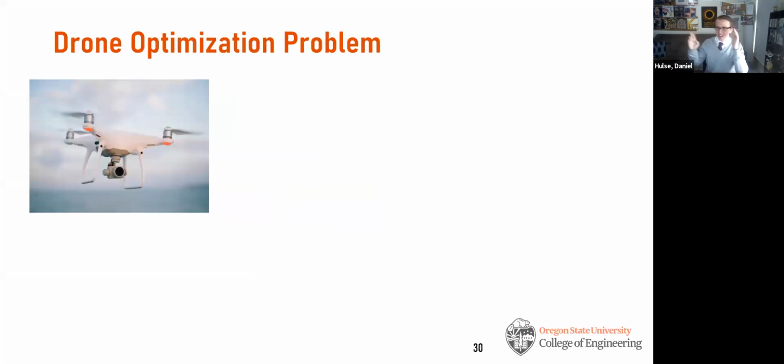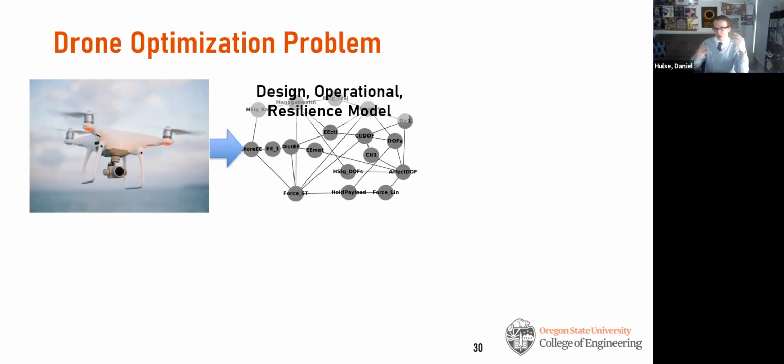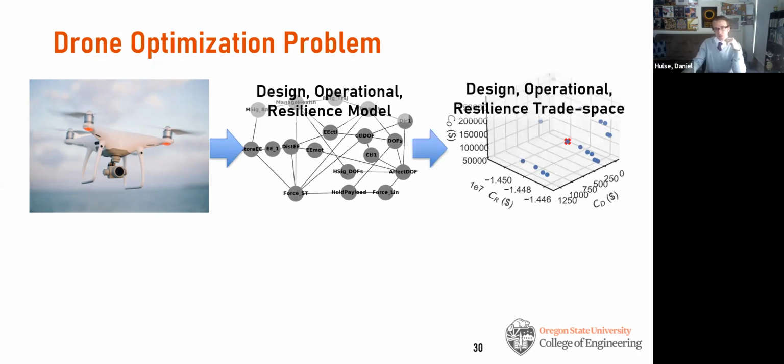So again, in order to demonstrate this, we considered the optimization of a drone system where we first took the system, created a model of the design, operations, and resilience costs in our simulation framework that we defined in the previous chapter.